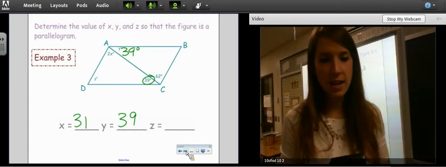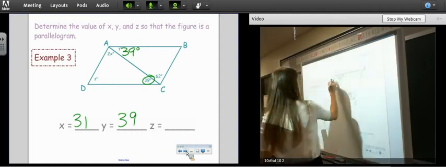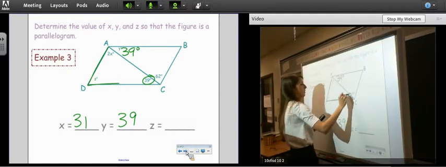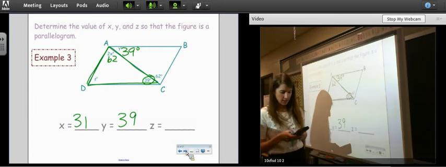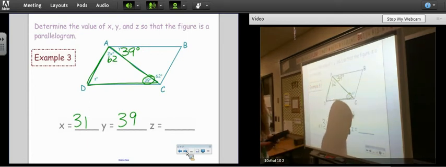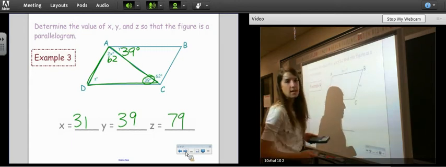And then z, okay, 79. For z, we're going to use our triangle. We've got 62, we've got 39, and we've got z, so we add them up and subtract from 180. Very nice. Too easy.